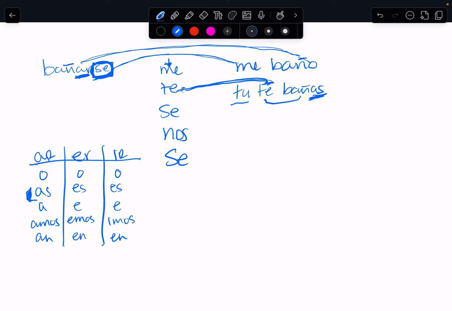So for example, think of it like a mirror. It's reflecting what you're doing to yourself. So if you have a word like cepillar, cepillarse, that se makes it reflexive. AR is the normal ending.